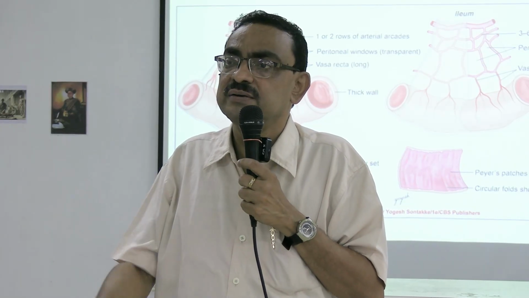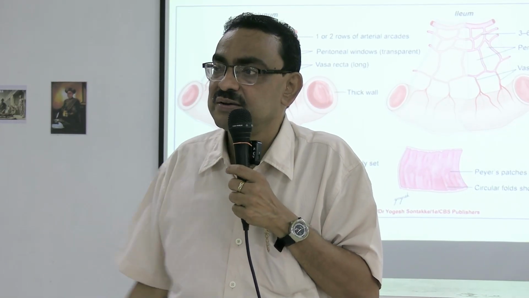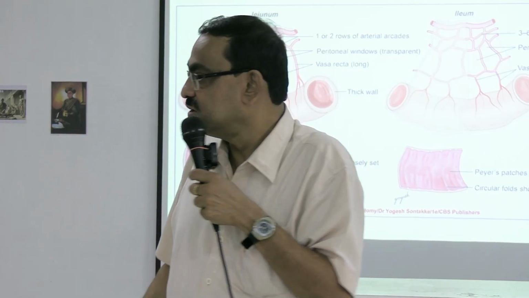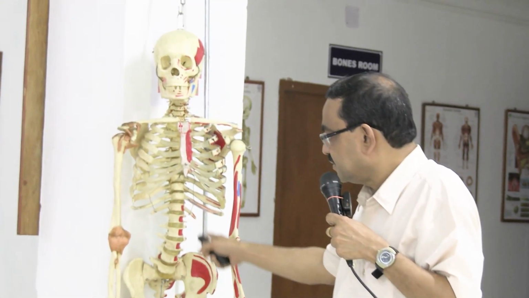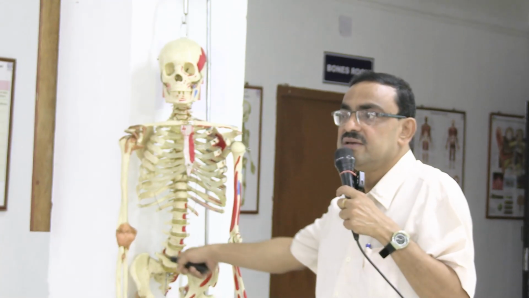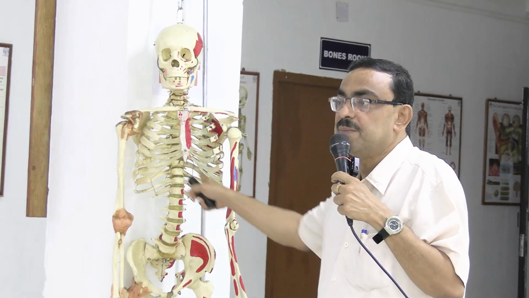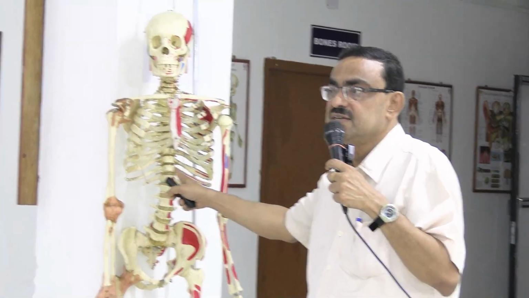Then any injury, any stab injury, because the central part of the abdominal cavity is occupied by the small intestine, and the peripheral part is occupied by the large gut.